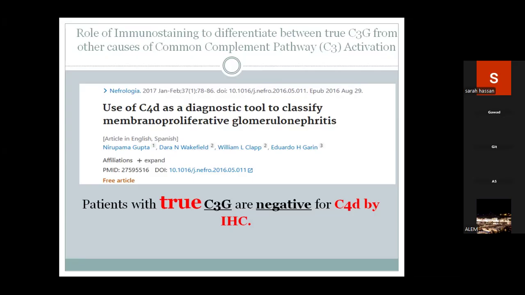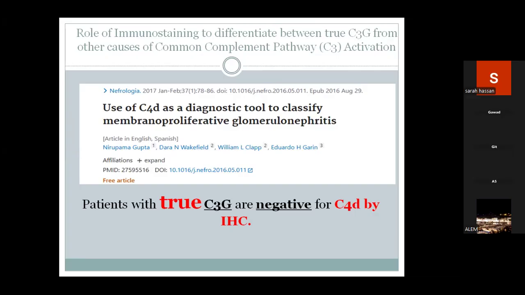Some of our professors say that it's not 100% accurate, but till now, I think that at the level of nephropathology, that's the tool that we have to try to differentiate between a true C3 glomerulopathy, or a true complement pathway dysfunction, and C3 deposition due to activation of the classic complement pathway that we have been talking about in the previous pictures, by using C4d.